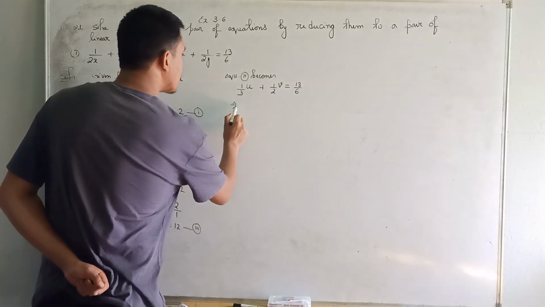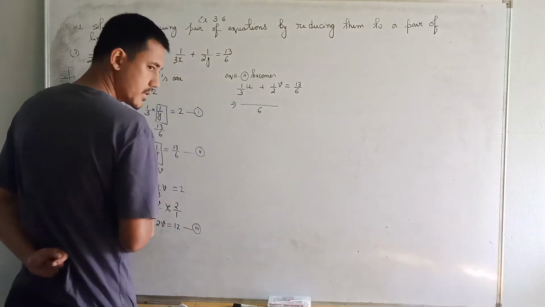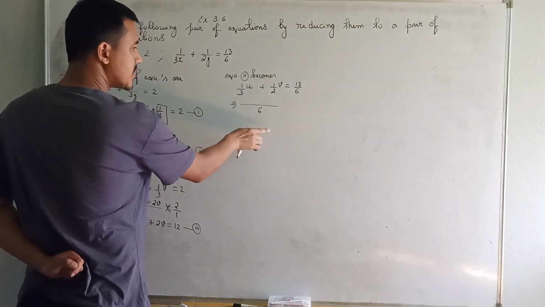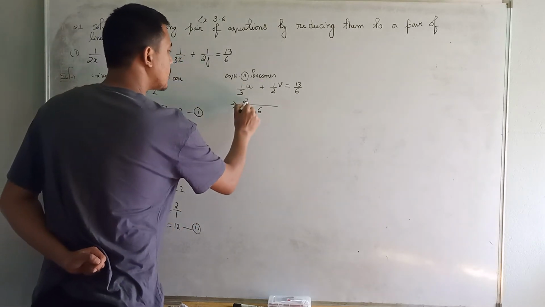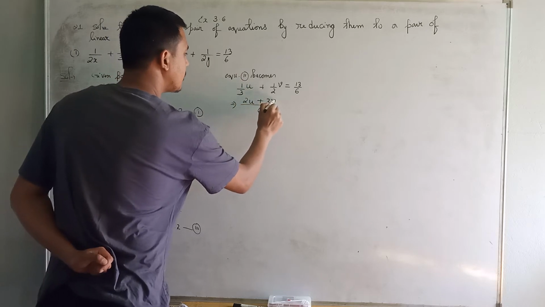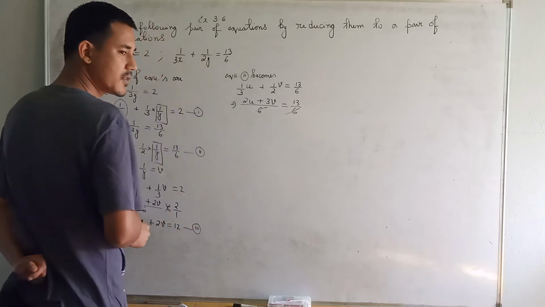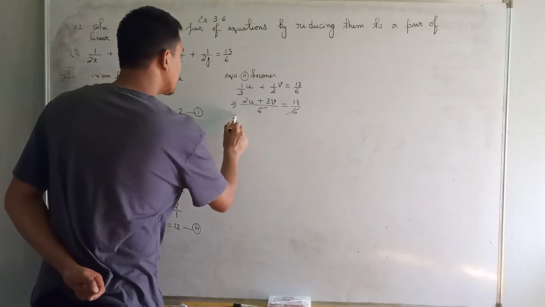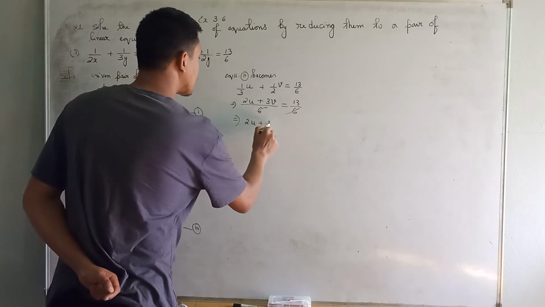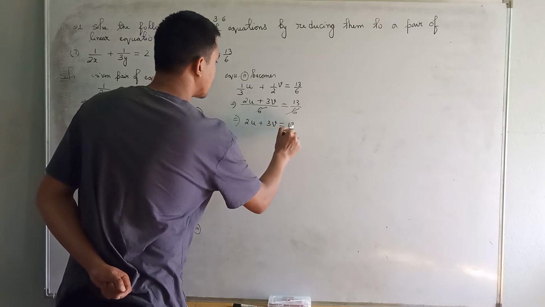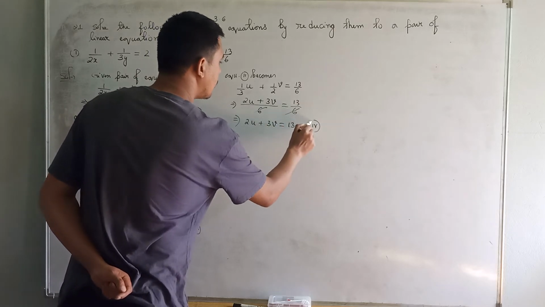So if we take LCM, 6, 2 times is 6, so 2 times 1u is 2u. Here we have 3v equals, see, are the denominators equal from both sides? We can cancel them out. So you have 2u plus 3v is 13, and this is your equation number 4.